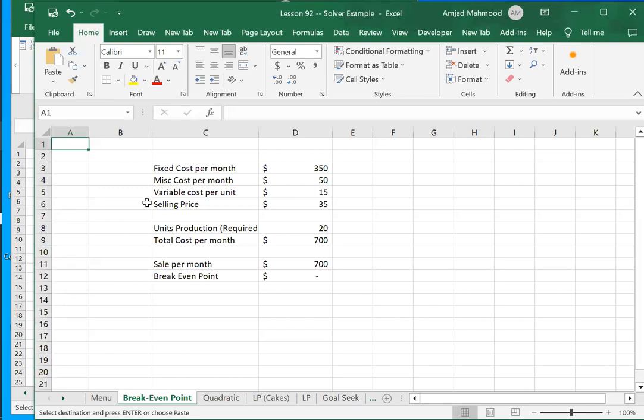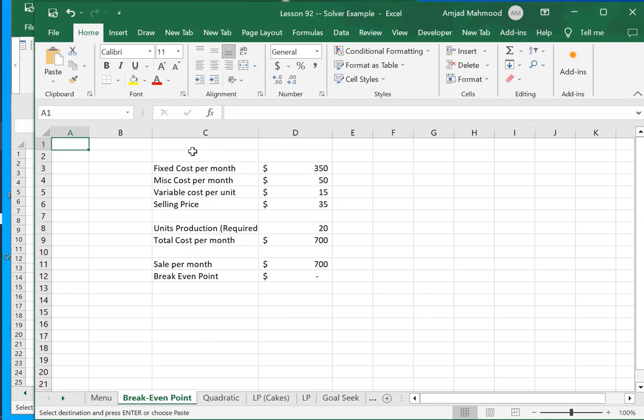That is the point where there is no profit, no loss. That is the point where all your cost and the income, or the sale, becomes equal. Means all your cost is met actually, right?